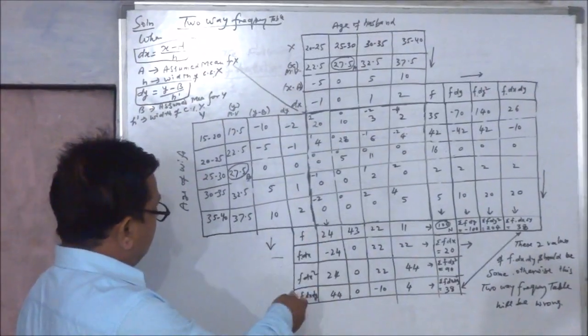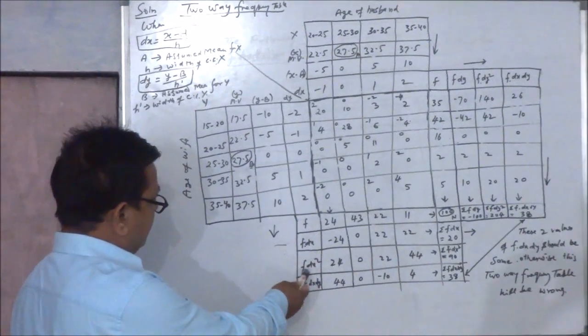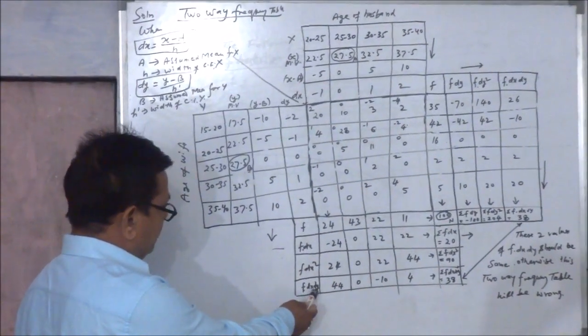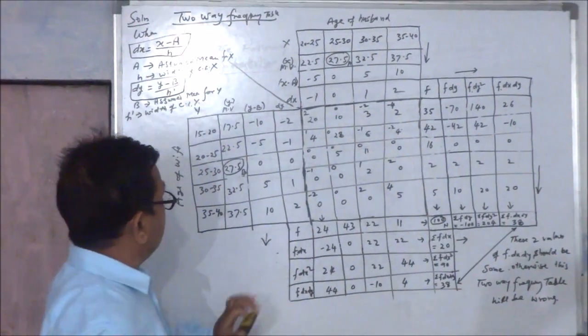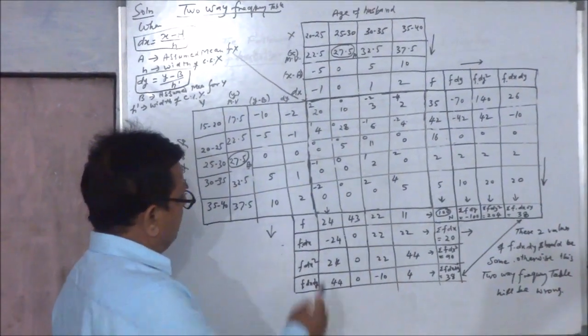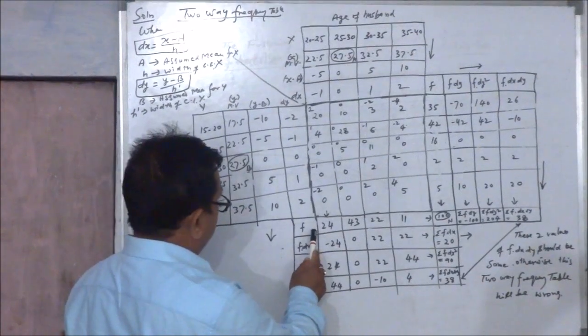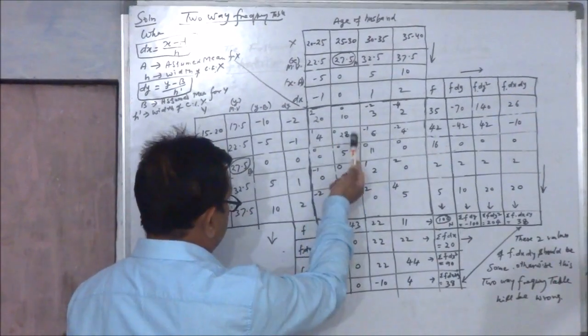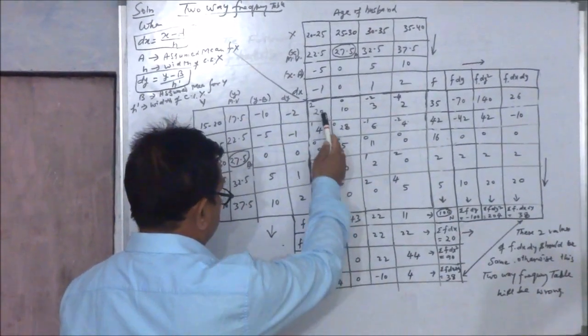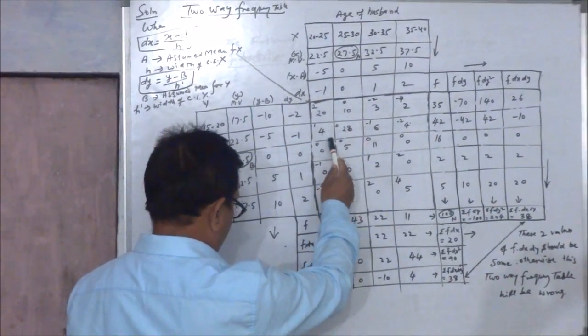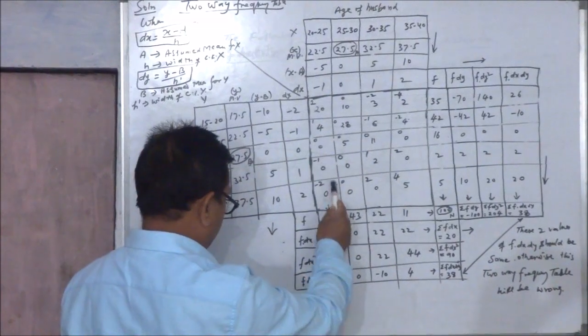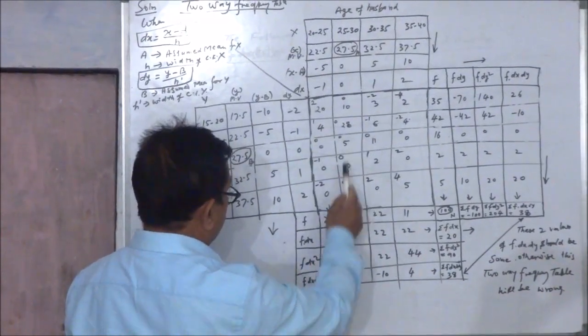Now we calculate the frequency f, f dx square, f dx dy for the x class interval, that is the age of husband. Frequency f you can calculate from the original frequencies given, where 20 plus 4 plus 0 plus 0 plus 0 is 24.